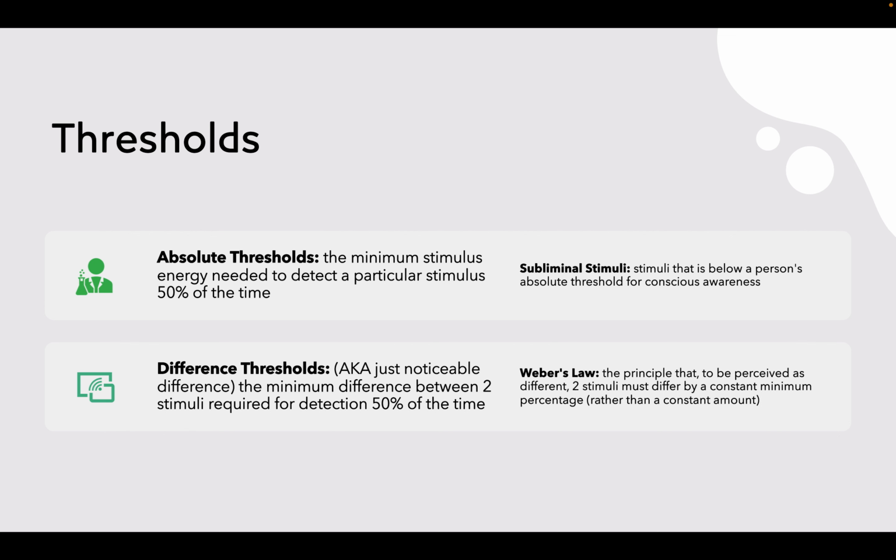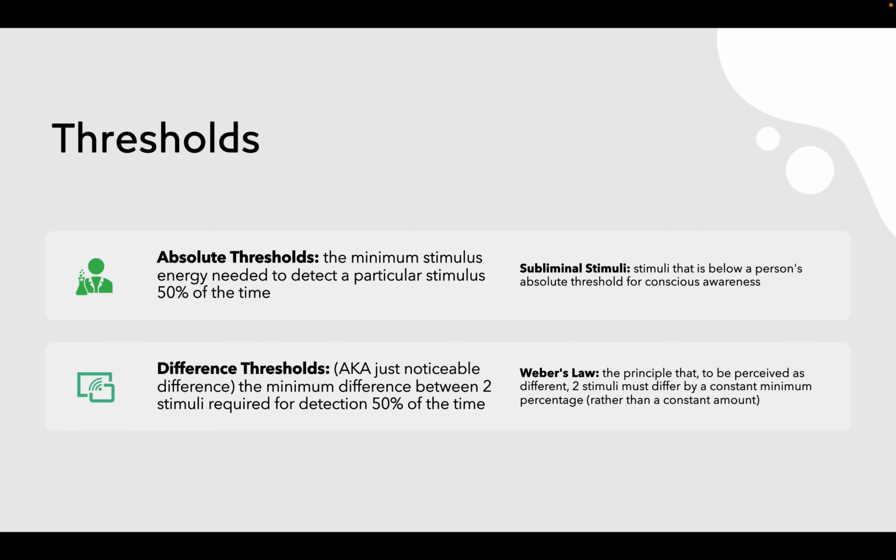But the absolute threshold means that we only need to be able to detect that stimulus 50% of the time. So 50% of the time that a stimulus happens, we can detect it, and that is the absolute threshold.